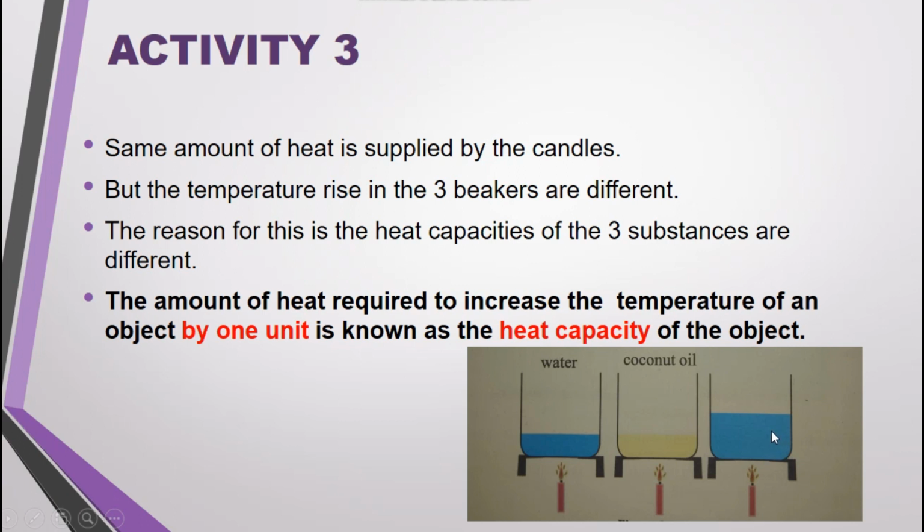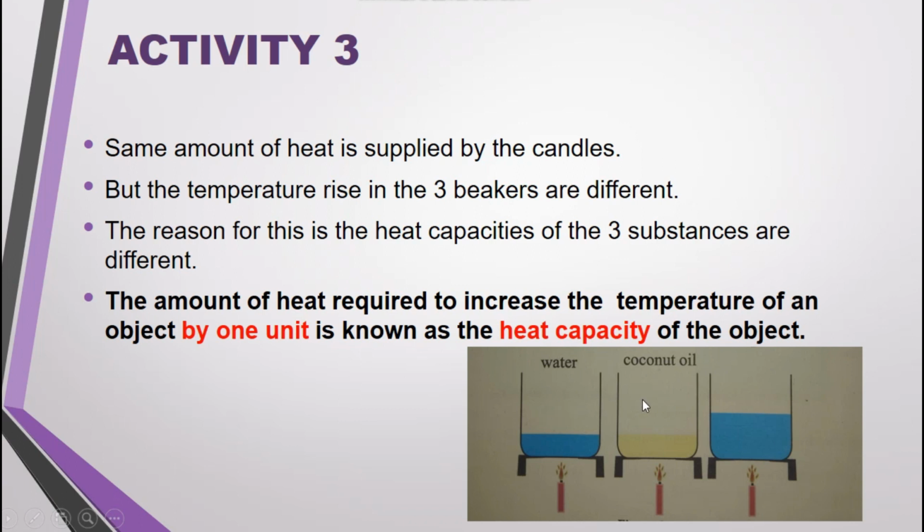So by this experiment we can come to a conclusion: the amount of heat required to increase the temperature of an object by 1 unit is known as the heat capacity of the object. These three have three different heat capacities.